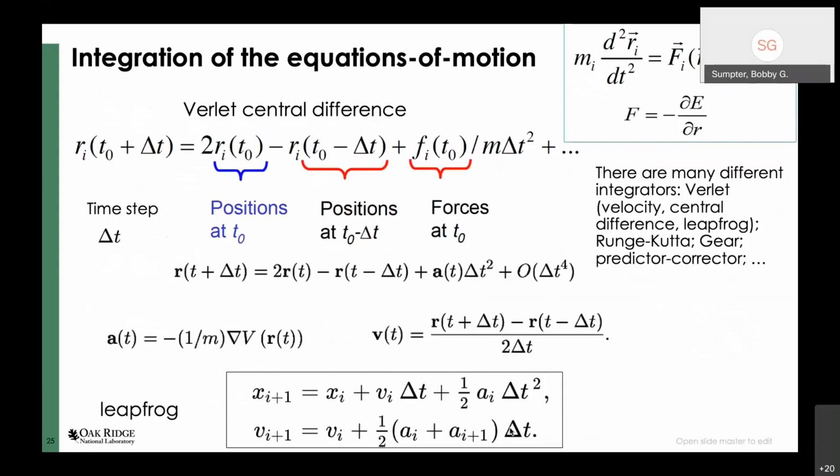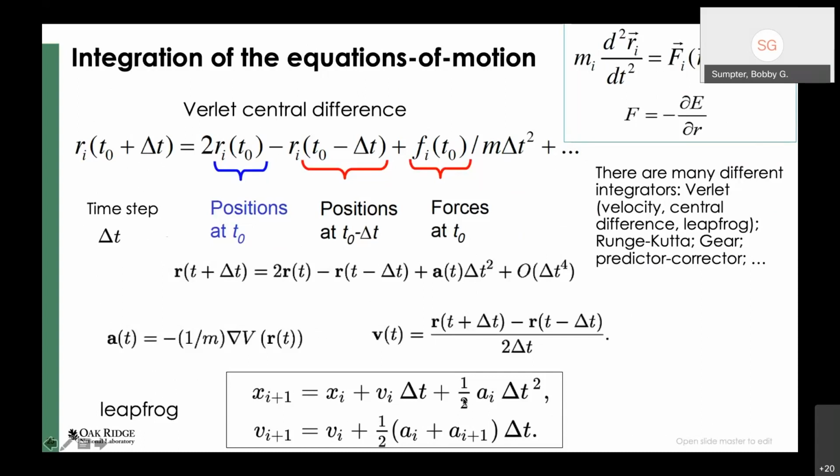Integrators to solve those equations are diverse. It doesn't have to be a fancy integrator. If you're trying to do simple simulations of just the dynamics of atoms moving in a molecule, I think one can easily use the Verlet algorithm, which is shown here. This one is the central difference. There's also the simplest one, which is the leapfrog.